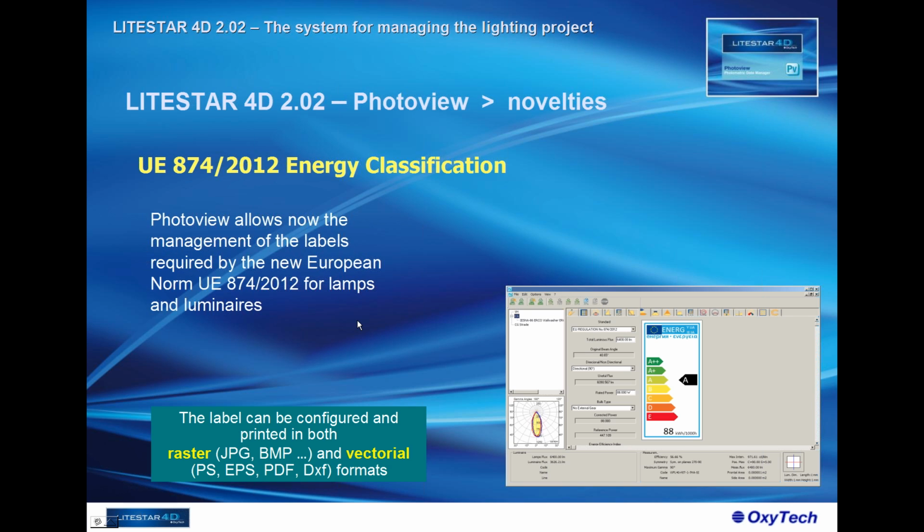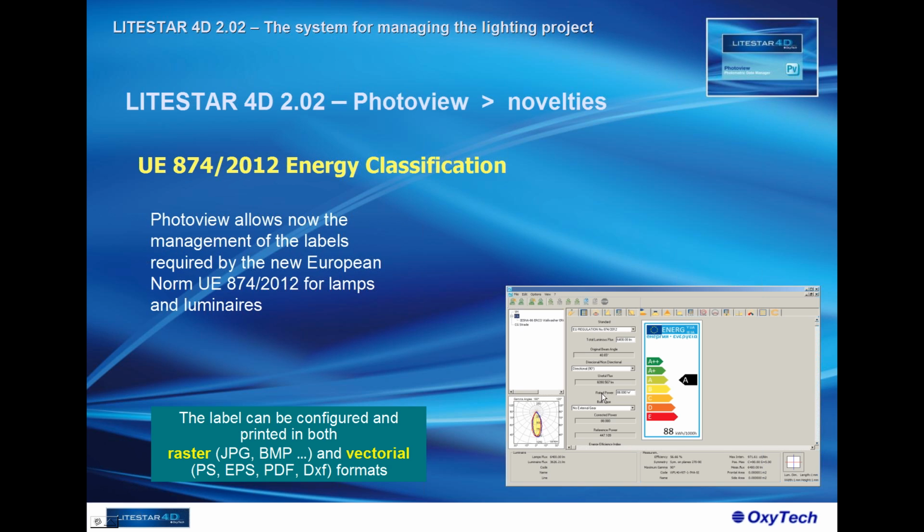This system is proposed by Europe in order to classify lamps and luminaires, and it is a system of labels related one to the other. It means that it is possible to classify from the energy point of view a lamp, and in function of the lamps used at the luminaire, we can then classify the luminaire itself.